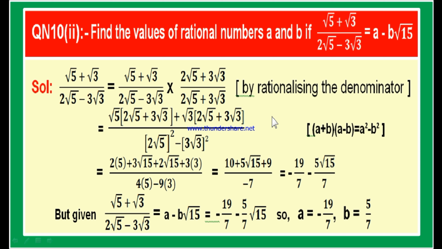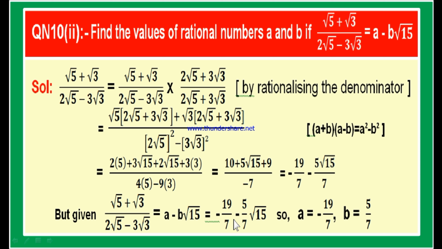But we have been given that (√5 + √3)/(2√5 − 3√3) is equal to a − b√15. But we got this value, which is equal to −19/7 − (5/7)√15, isn't it? Now these two are equal.